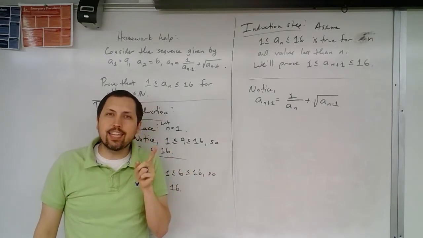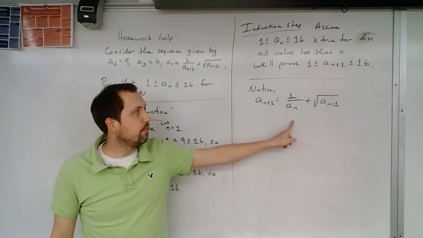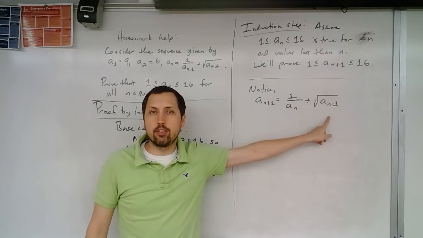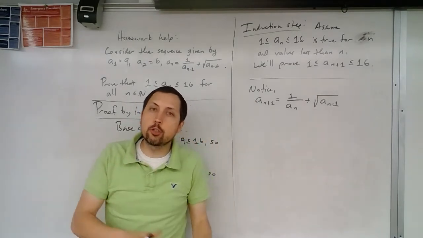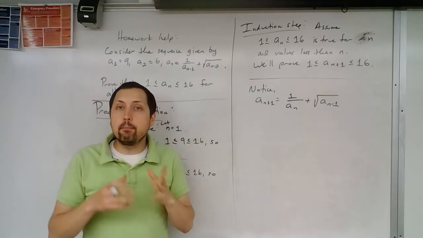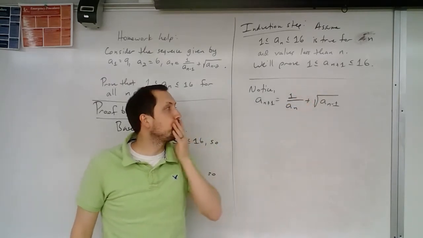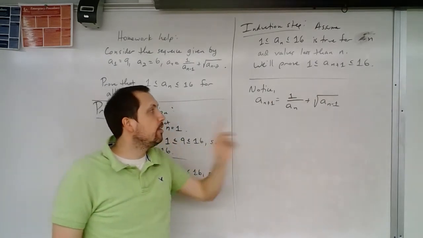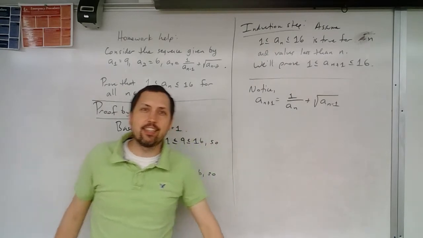So what that means is I'm trying to figure out when is this smallest and when is this smallest. If I have two things that I'm adding, whenever they're the smallest, then I indeed have the smallest total sum. So we're working with both of these. These numbers are between 1 and 16.